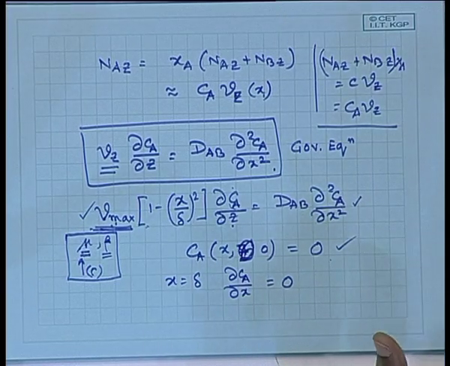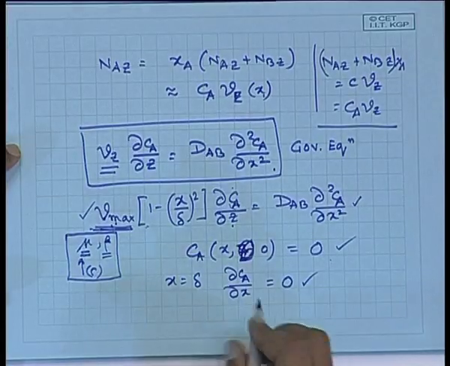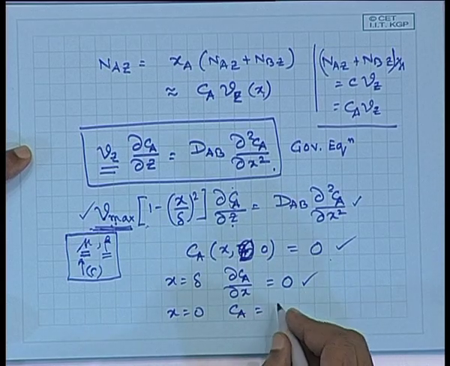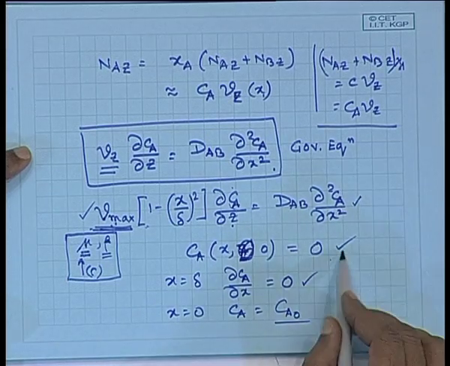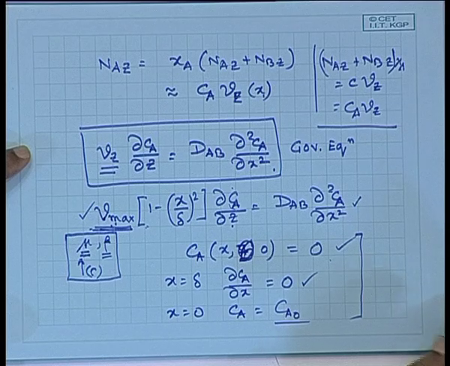It's impermeable to the diffusing gas molecules. Gas molecules will not diffuse through the solid wall. So, that's one condition. And the second condition, at X equal to 0, C A is equal to the solubility of gas. So, let's call it a constant C A0. So, these are the three conditions one will have to use to solve the problem.